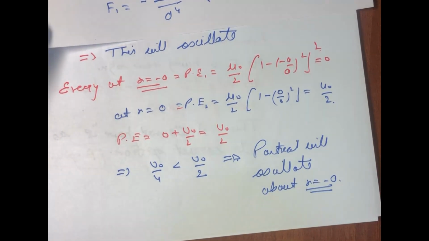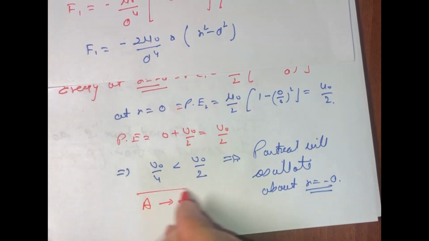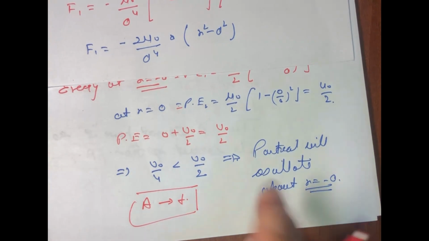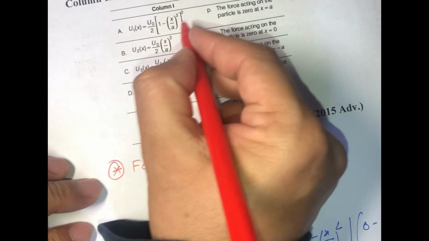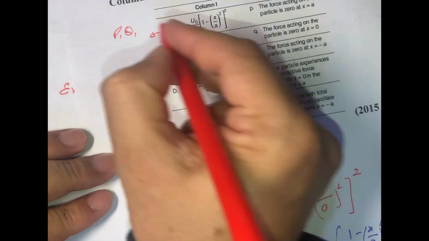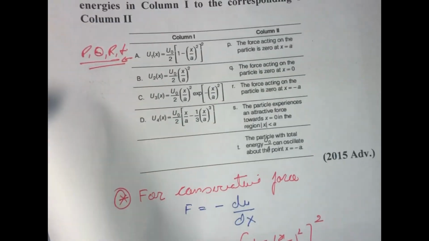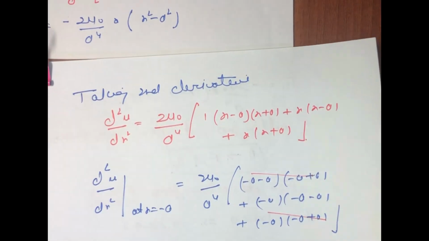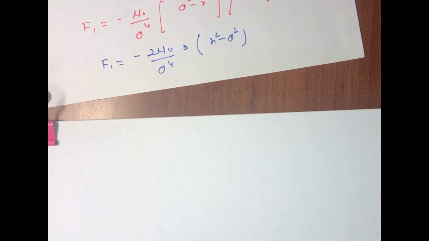So we can say that T is also one of the options for A. So it means A is going to have options P, Q, R and T. So we can write it here.